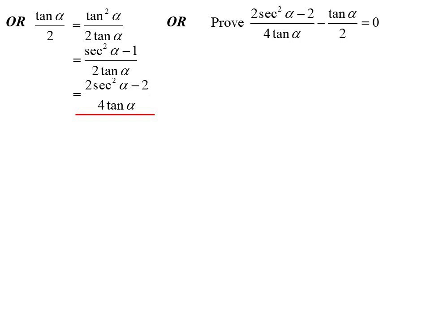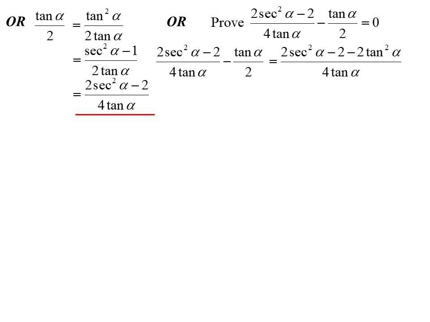Now, this is what I'm trying to prove, so I can't assume it's true, but now I'll just start with that piece of algebra. And hopefully I can show this is equal to 0. It's a bit of algebra, so let's do it like an algebraic fraction. I'll create the denominator 4 tan alpha. Top of the fraction then becomes 2 sec squared minus 2 tan squared. Well, the sec squared I know is 1 plus tan squared. Oh, that turns out to be 0.